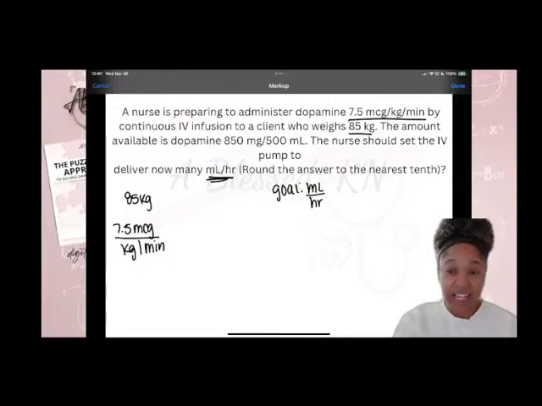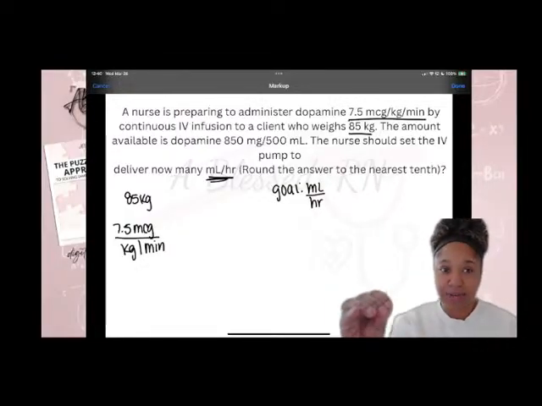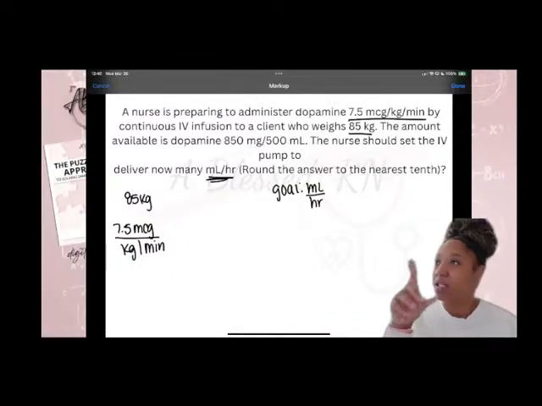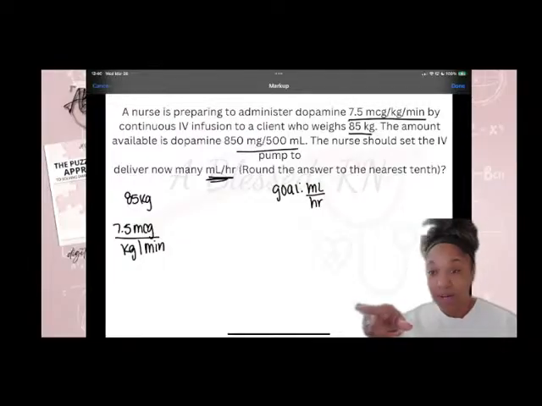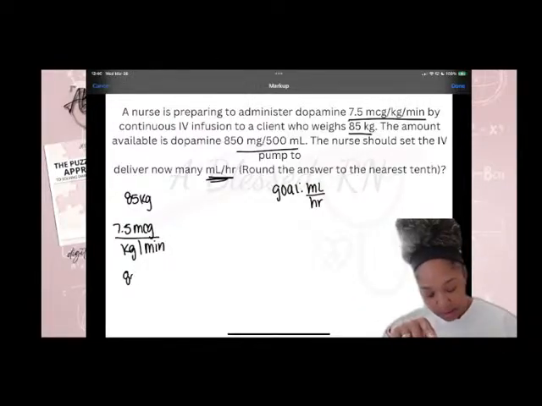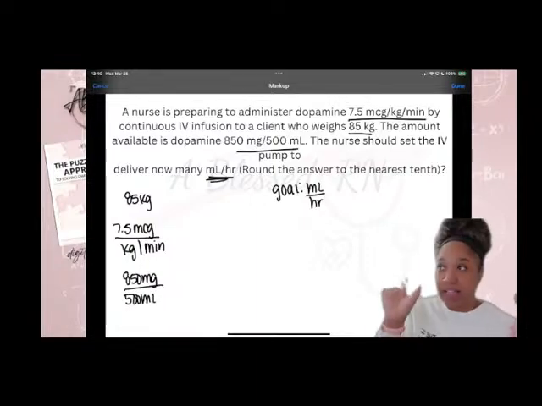You see how I kept that together? Everything that is linked, that is equal or relative, one band, one sound, you keep it together, okay? So now our concentration of the medicine, our product, is 850 mgs over 500 ml, okay? So that's all of our puzzle pieces that the question gave us.